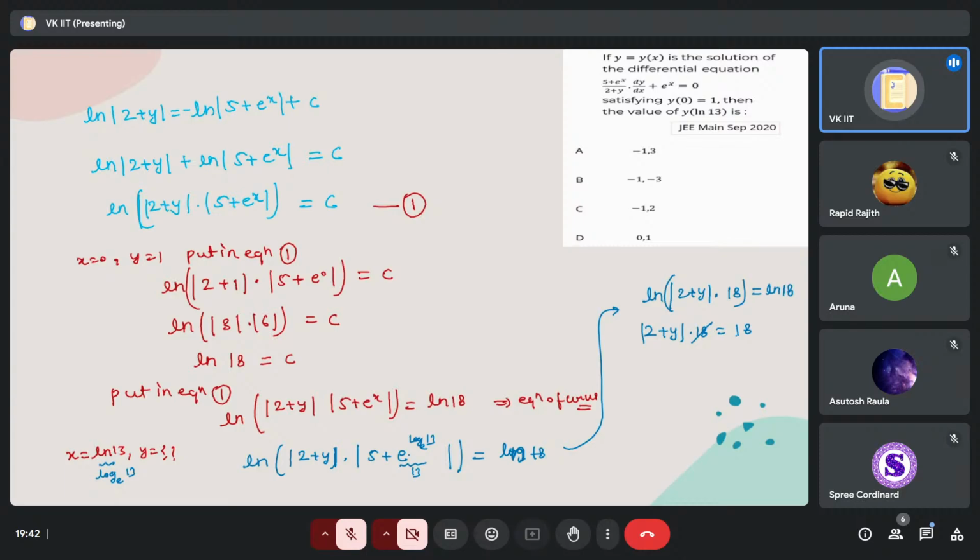So in this question, you will try to think whether the separation is possible or not.